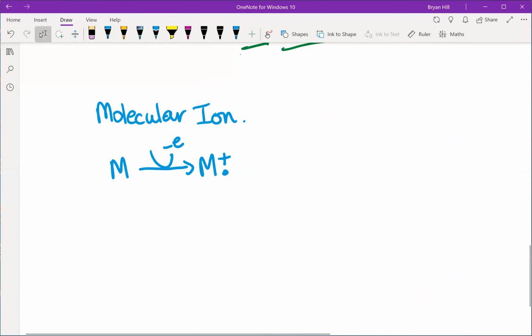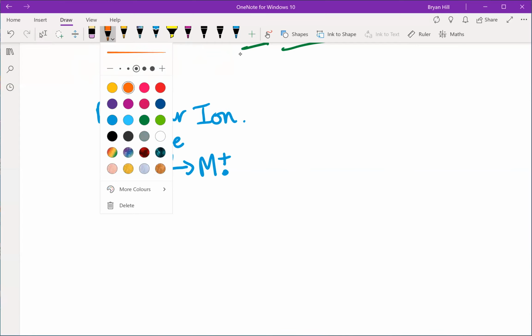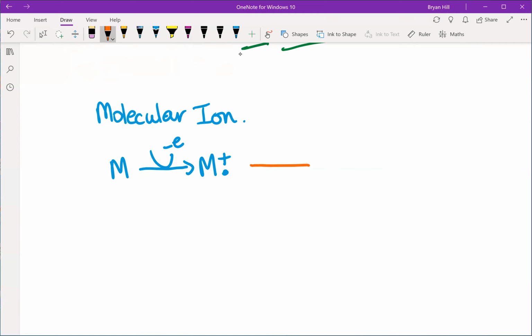And this is, I guess, what we'll try to talk about today. It could break apart into, say, two fragments. One way, you could make a fragment F plus and another species here, like R radical, or it could break apart this way, F radical plus R plus.